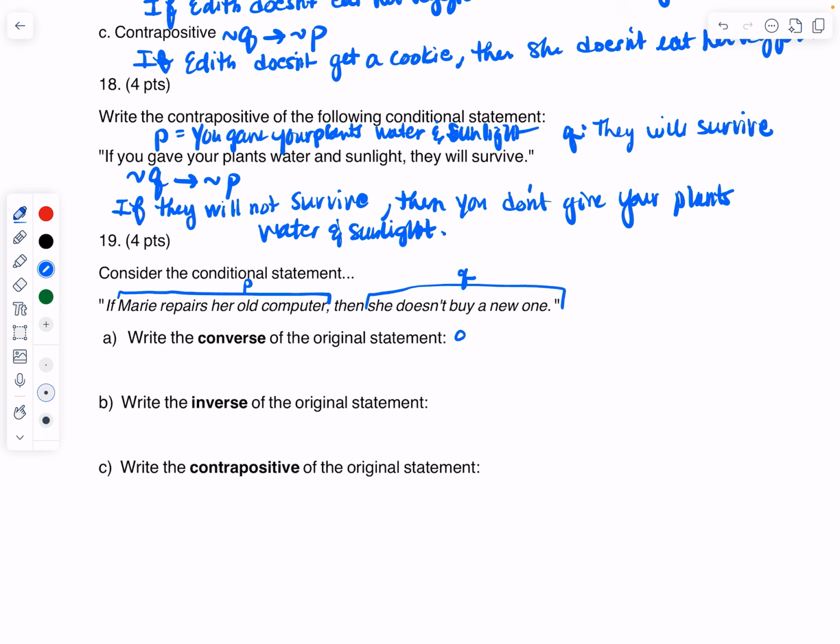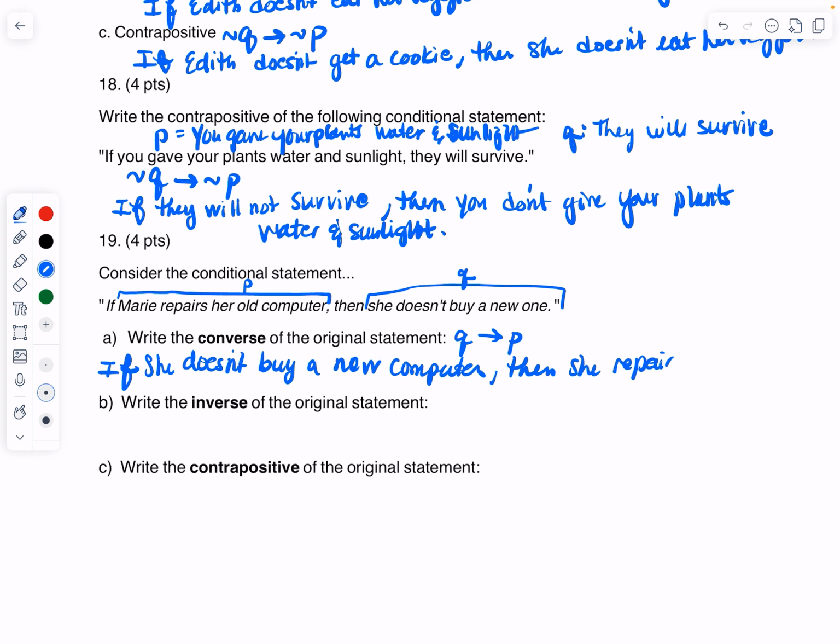So the converse again is if Q then P. So she doesn't buy a new computer. So I'm going to put the word if she doesn't buy a new computer, then P, she repairs her old computer.